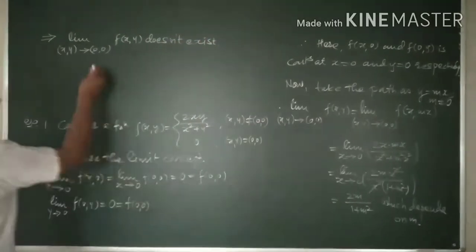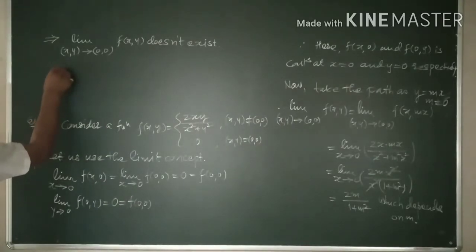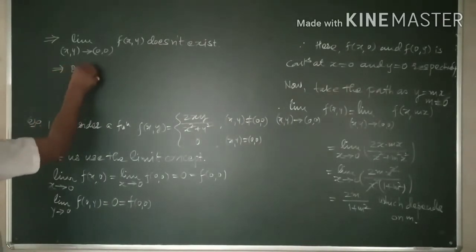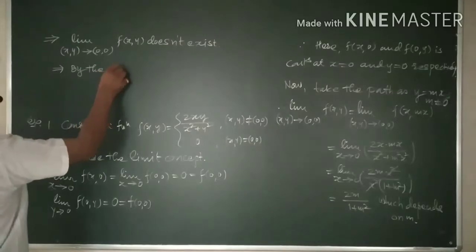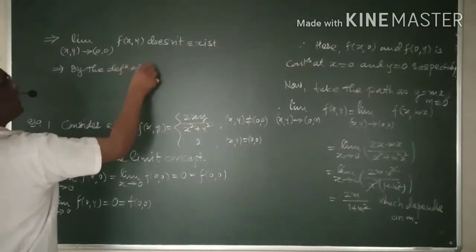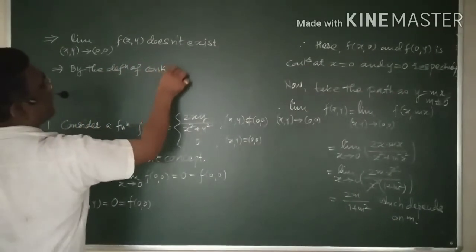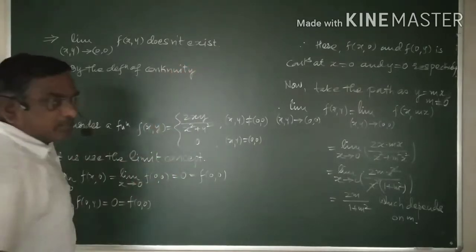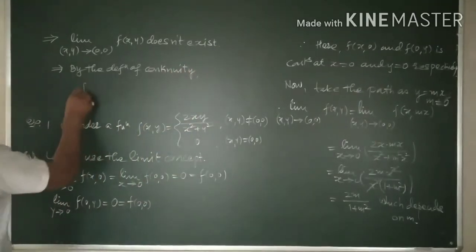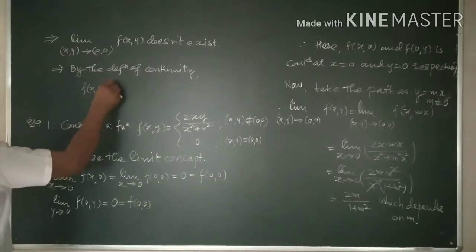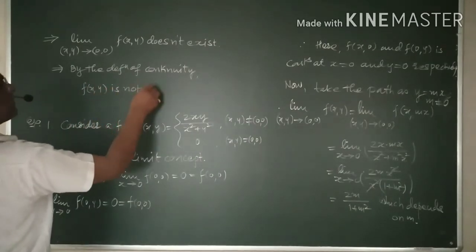And if this limit does not exist, this implies by the definition of continuity that f of (x, y) is not continuous at (0, 0).